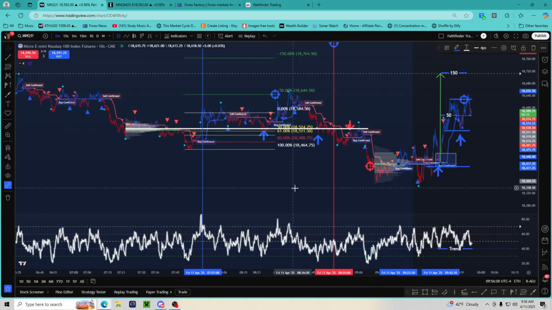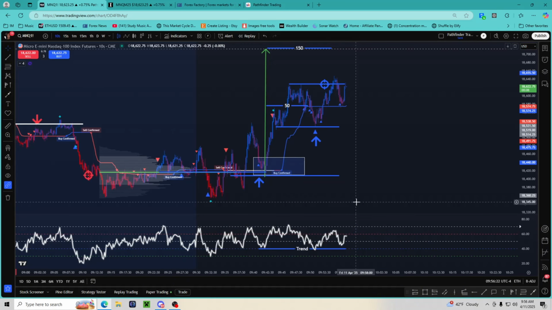And we had another point of control trade right here. So that dynamic support and resistance really coming in play this morning. Make sure, if you haven't already, go back through, watch the point of control video, as well as the Fibonacci video, to understand why we're taking these initial trades, where we're taking them from.